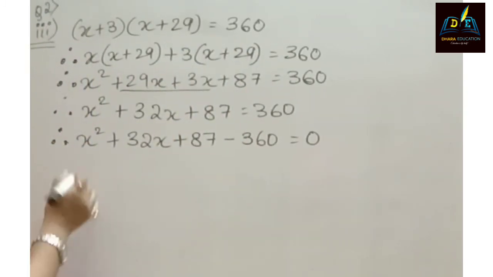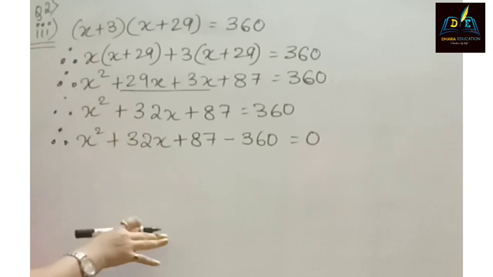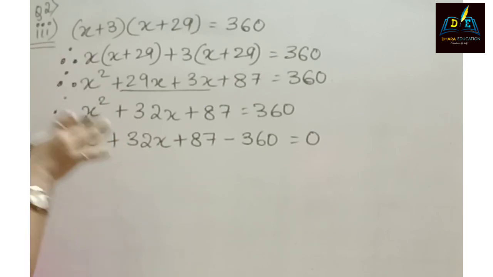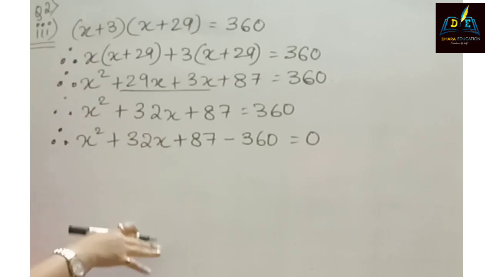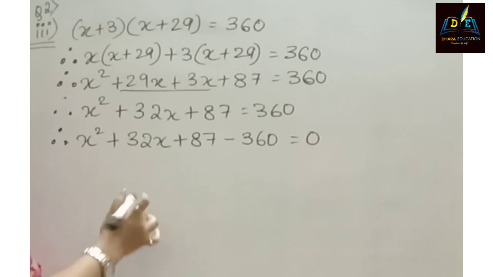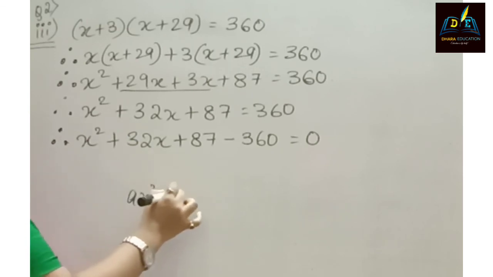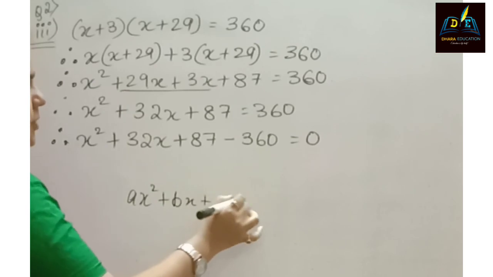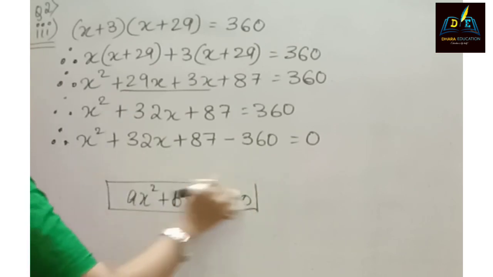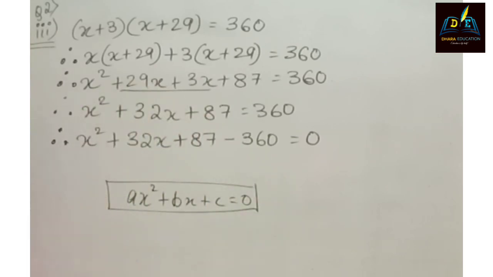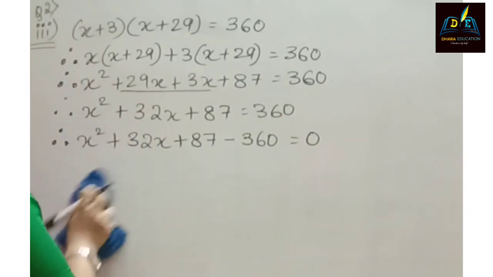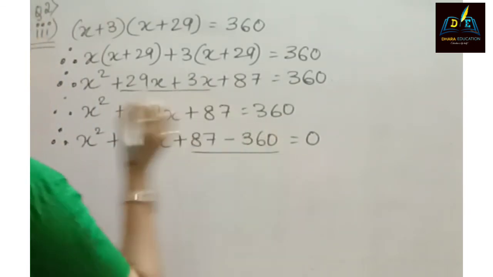So now we just need to make the equation as per the given situation in the question. Just we need to make it simple, that ax square plus bx plus c is equal to 0. So this format we need to follow, the standard rule. Okay. So what we need to do? We need to solve this particular thing.